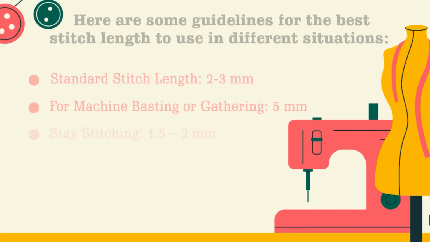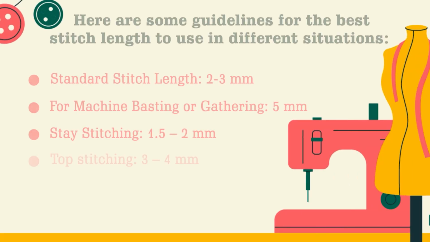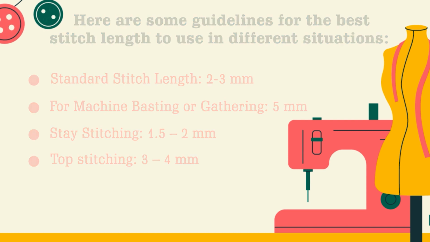For doing stay stitching around necklines and curved seams, 1.5 to 2 mm of stitch length is suitable. And for doing top stitching, 3 to 4 millimeters of stitch length is considered suitable.